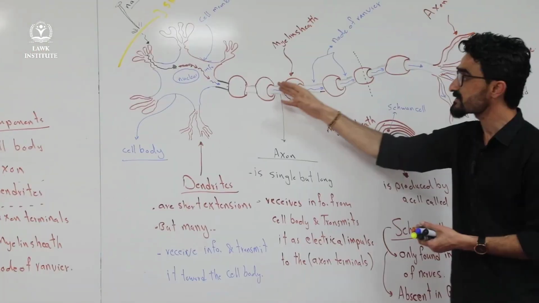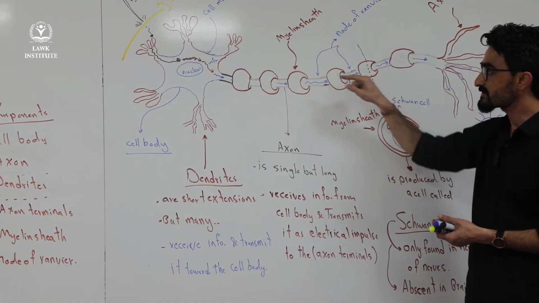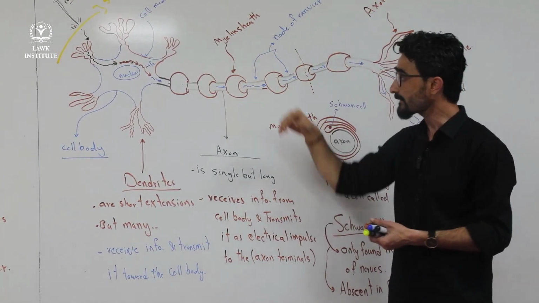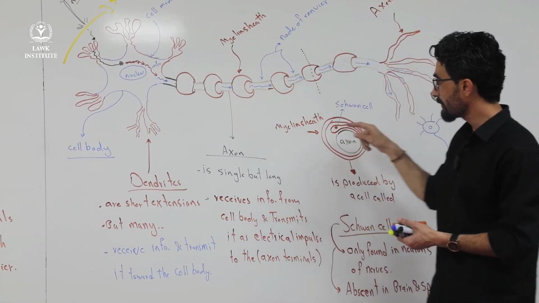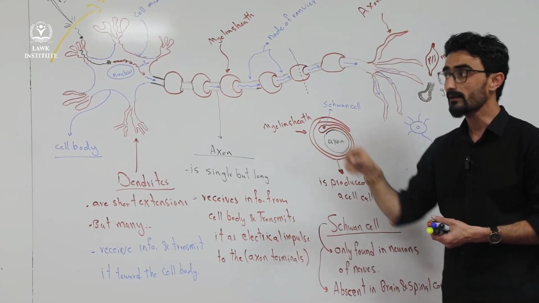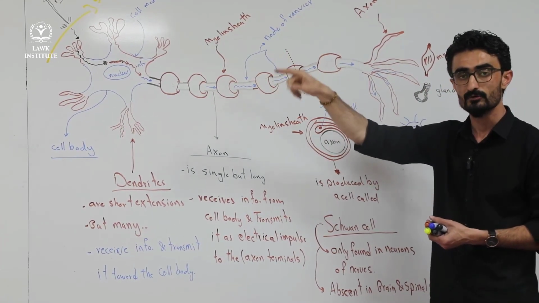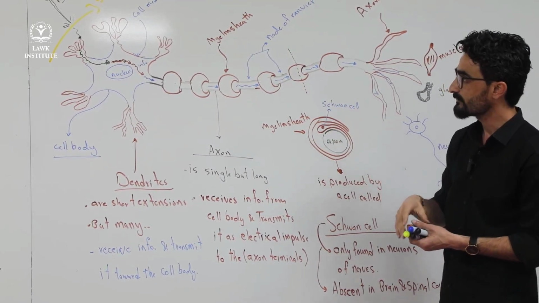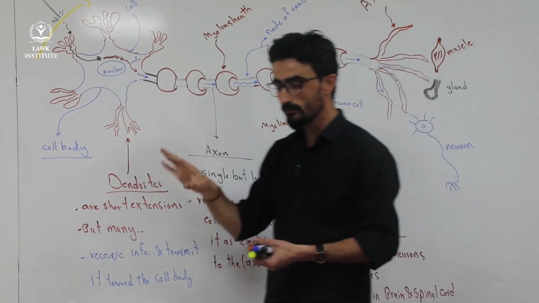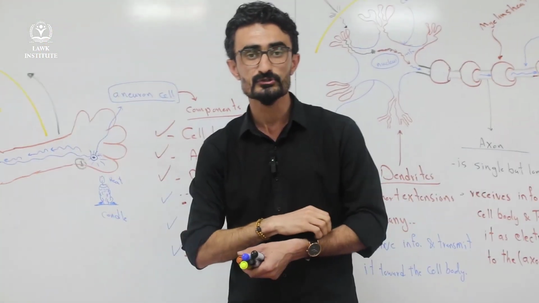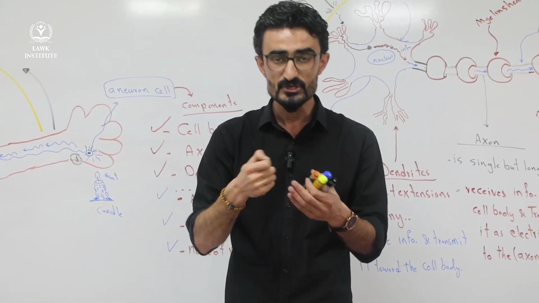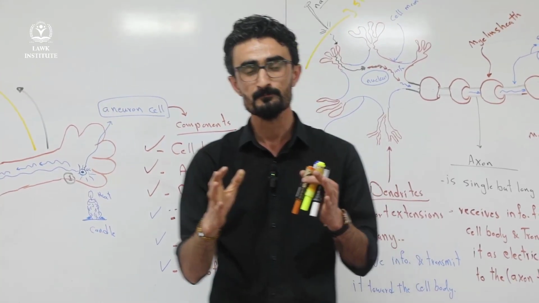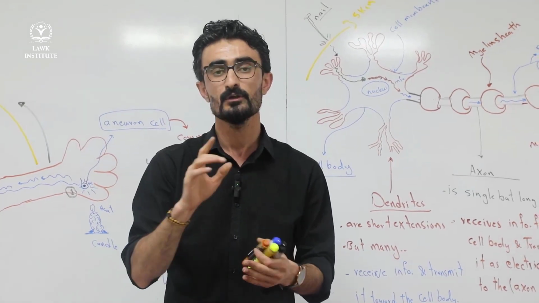And in order to speed up the transmission of this information, we have myelin sheath, a cover made up of Schwann cell in nerves, not in brain or spinal cord. This cover speeds up the transmission of messages. So this is how neurons in your body work to feel change, to detect change, and to transmit the information from the area of detection to your brain.